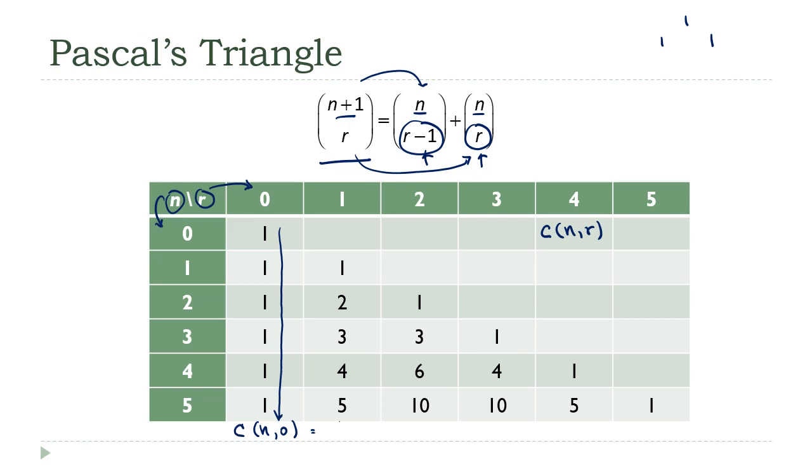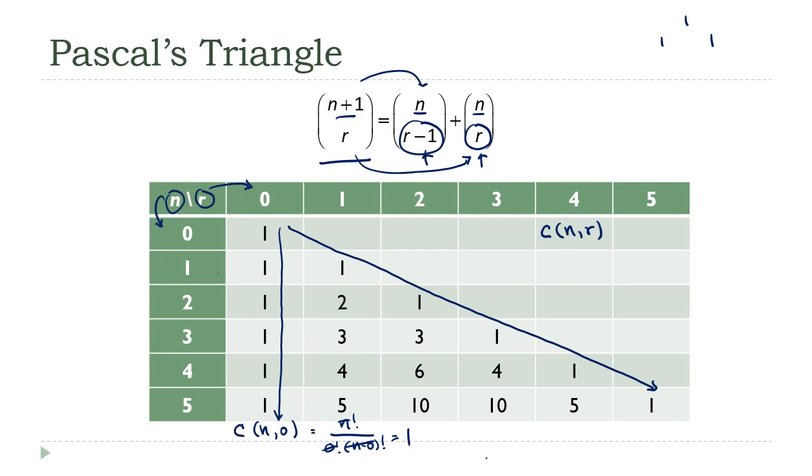You get n factorial over 0 factorial times n minus 0 factorial. And 0 factorial is 1. N minus 0 is n, so these cancel, and all you're left with is 1. So good, that is what we expect. And if you look at the other side of the triangle, going down this way, that is also always 1. And again, that is what you should expect.